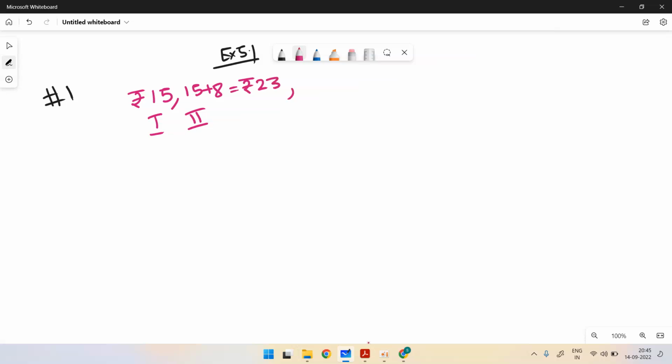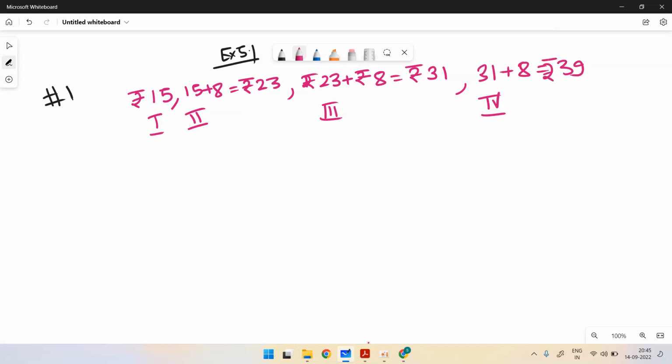For the next kilometer, this is rupees 23 plus rupees 8, so for the third kilometer it will be rupees 31. Fourth is 31 plus 8, which is 39. So next is 39 rupees, and so on.